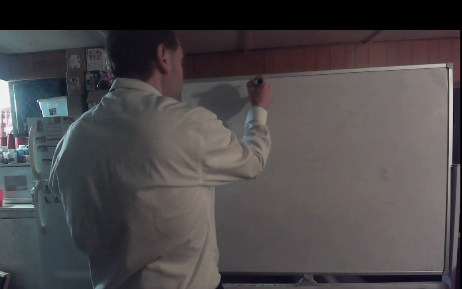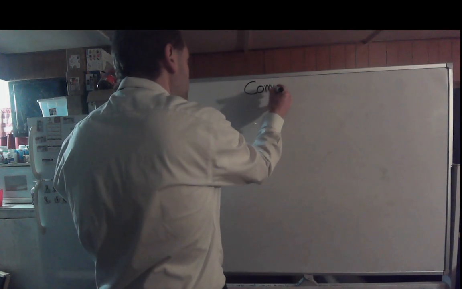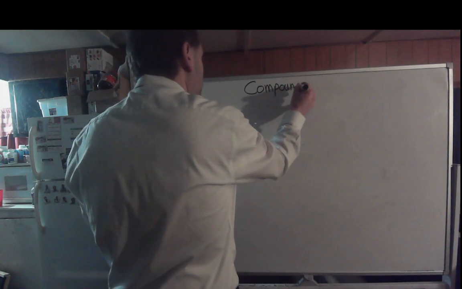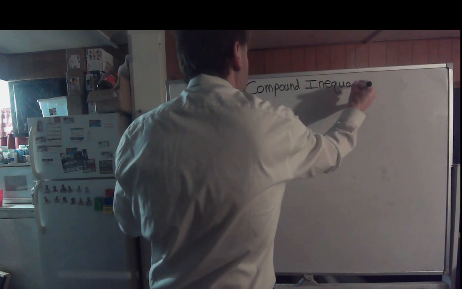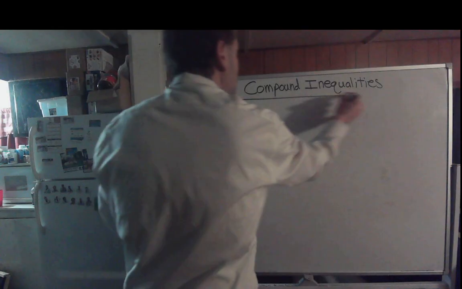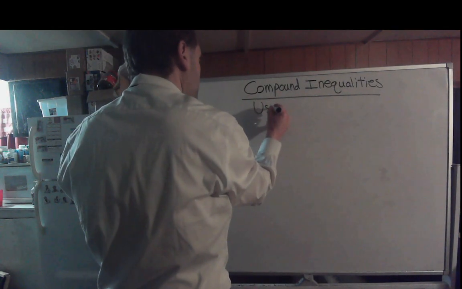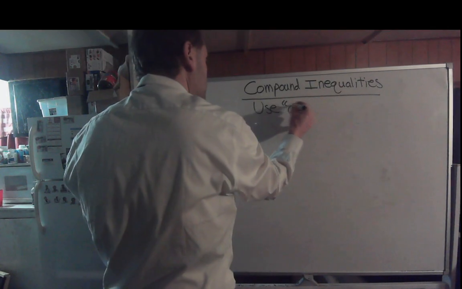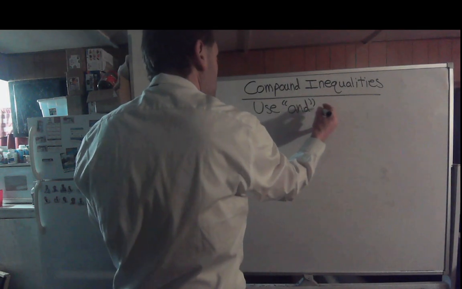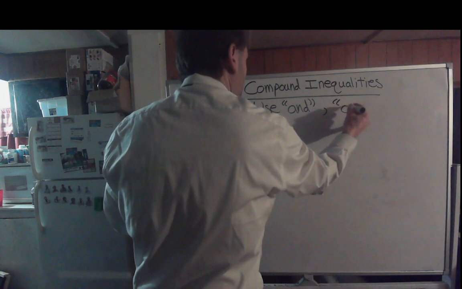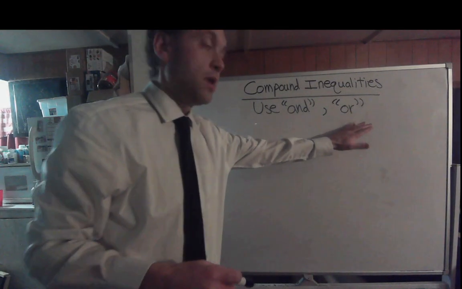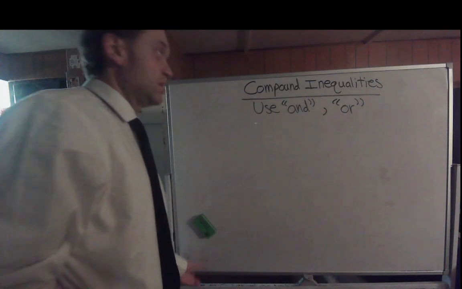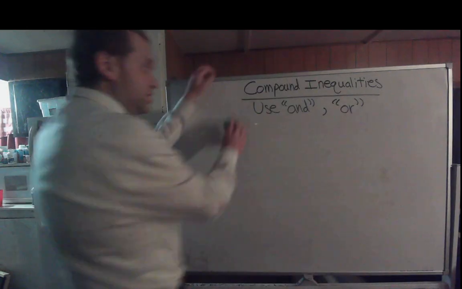In general, compound inequalities use and or or, however you want to say it. So they'll use words like and or. Those are compound inequalities. And let me show you what those are going to look like.